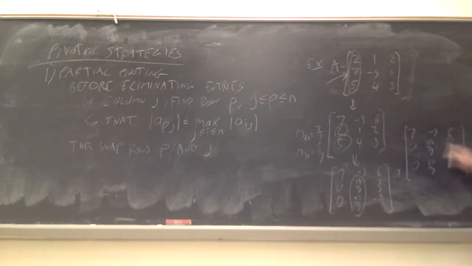Whoops. I have to swap the entire row, not just that column. Okay. And now I'm going to target this entry for elimination. I'm not going to actually carry it out, but I do want you to tell me, I'm eliminating entry 3, 2, row 3, column 2. So what's the multiplier going to be in that case?